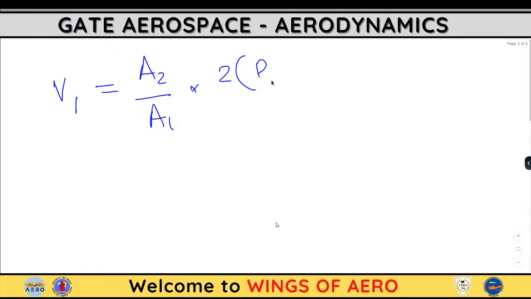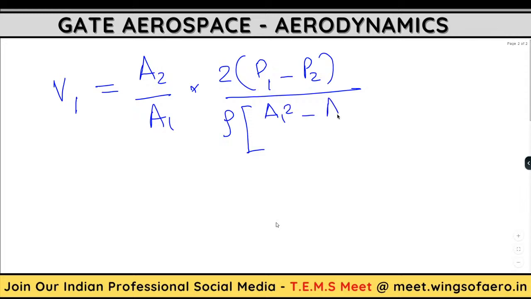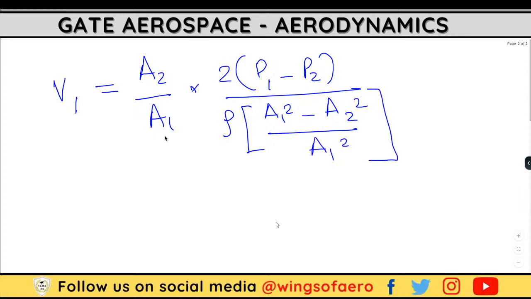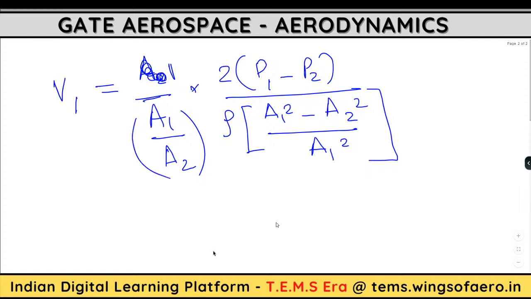Ma'am, A2. So A1 minus A2 by rho. So can I write A1 square minus A2 square by A1 square? Okay. So can I take this instead of A1 over here, can I write 1 by A2?